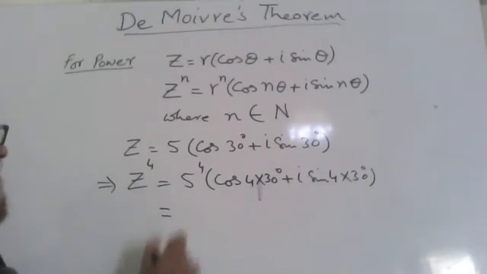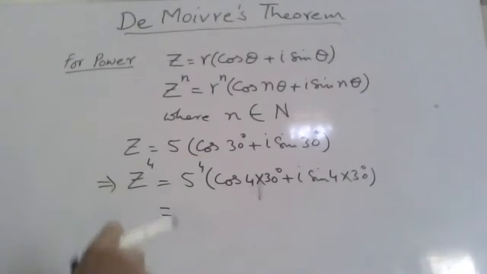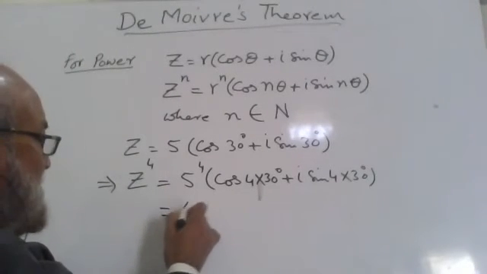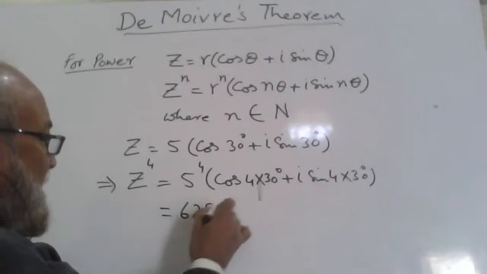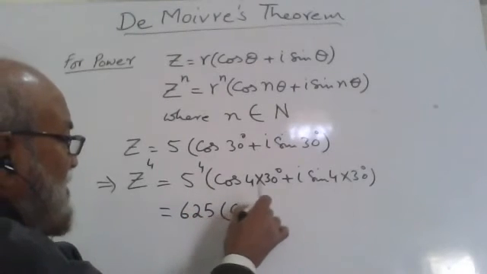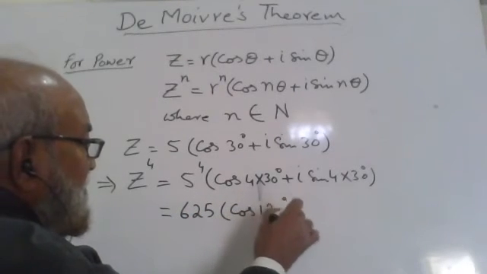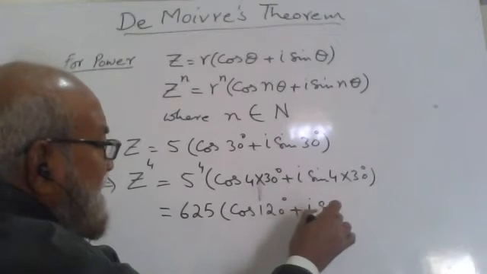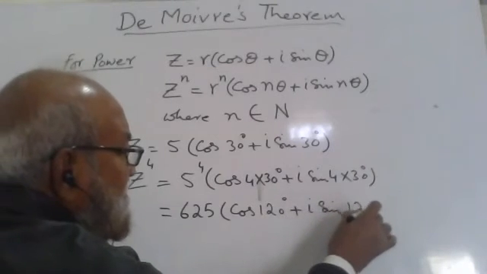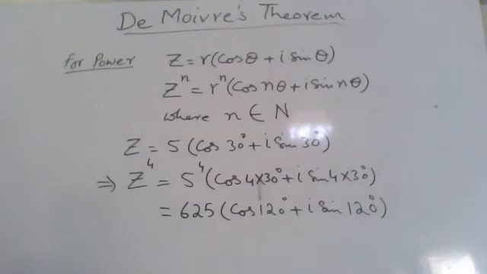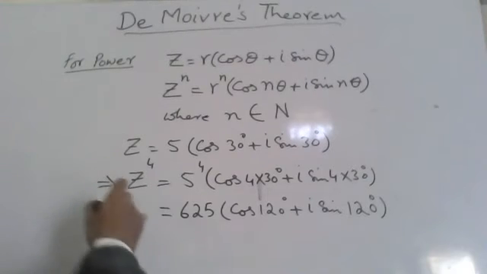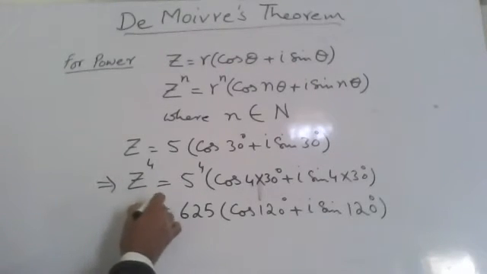It will become 5 raised to power 4, which is 25 into 25, 625, into cos of 120 degree plus iota sin 120 degree.